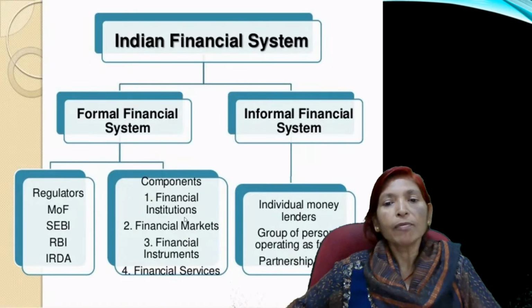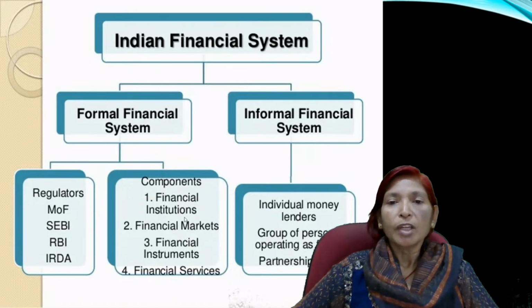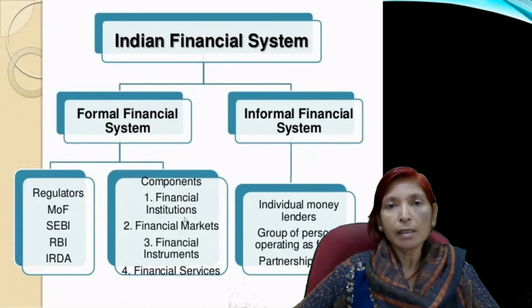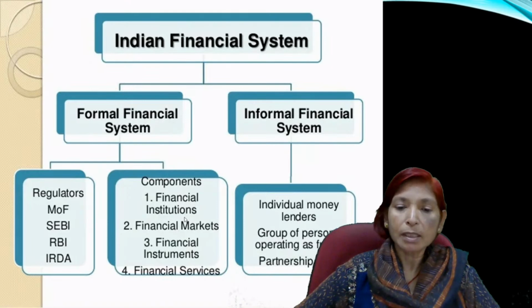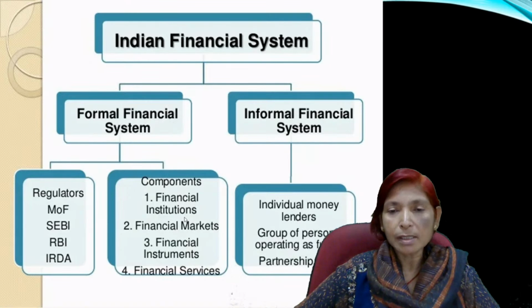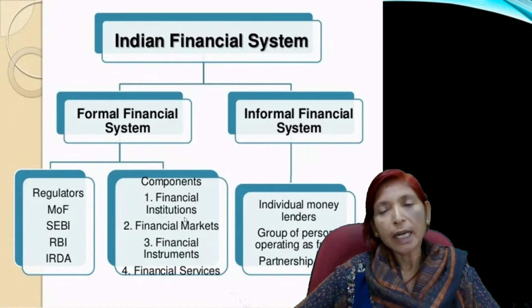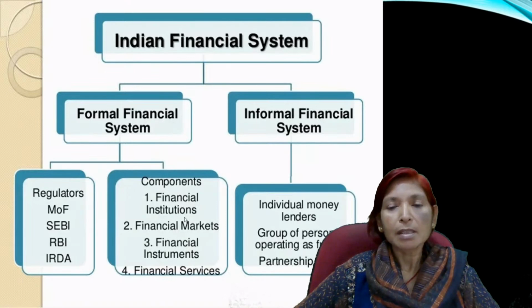Now, the informal financial system, which is known as the non-institutional source of finance, in which individual money lenders deal with this market system, groups of persons operating as funds, partnership firms, all these which are not organized, managed, or controlled by the government. That financial system is known as the informal financial system.